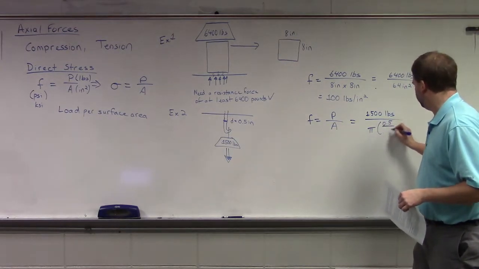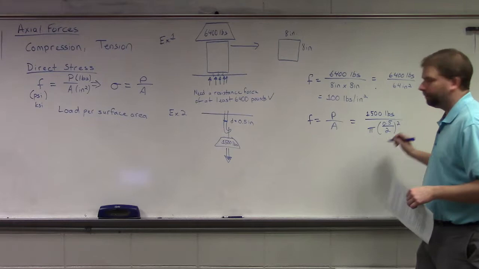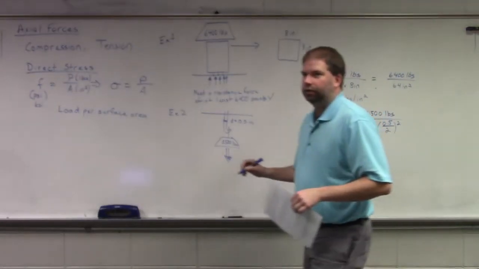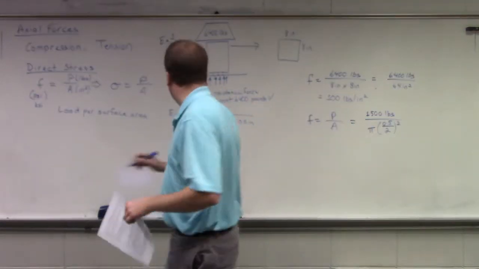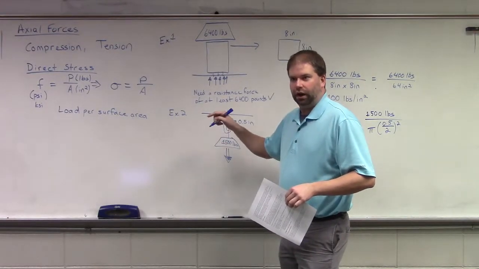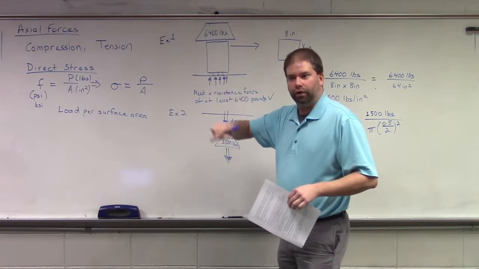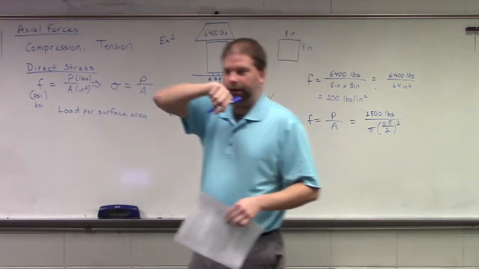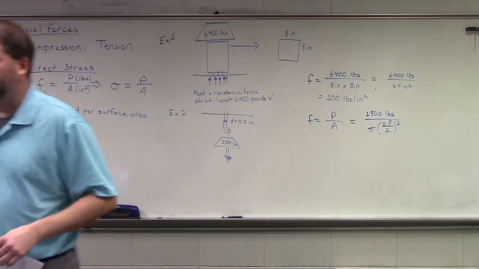Circumference. 2 pi r. 2 pi r is going to give you the circumference of it. It's going to give you the measurement around. Yeah, the perimeter, exactly. Thank you. I wasn't coming up with that word either.